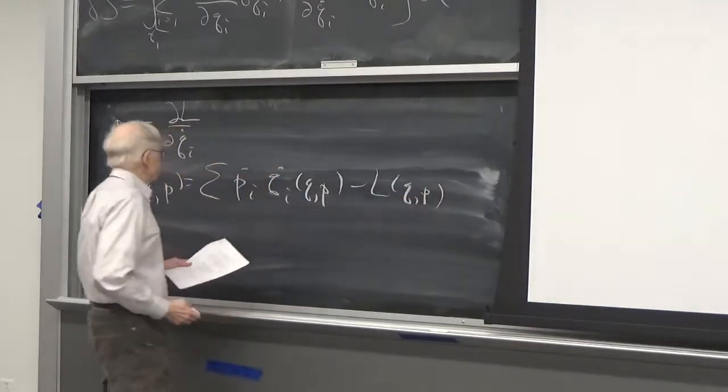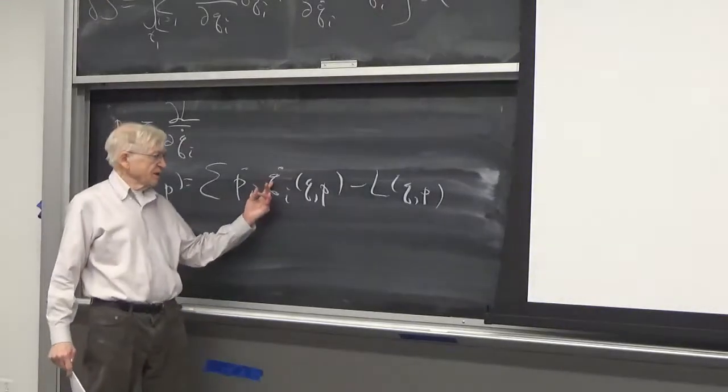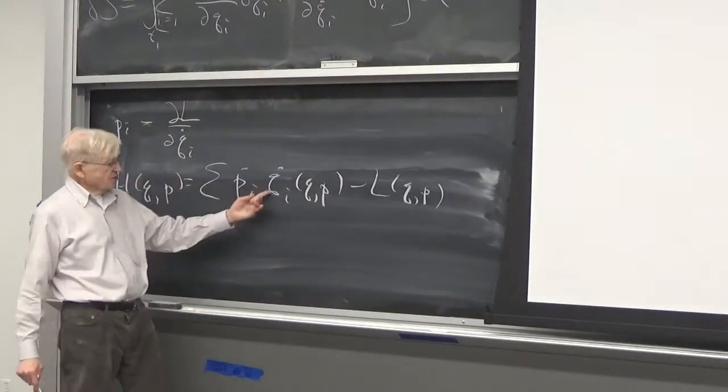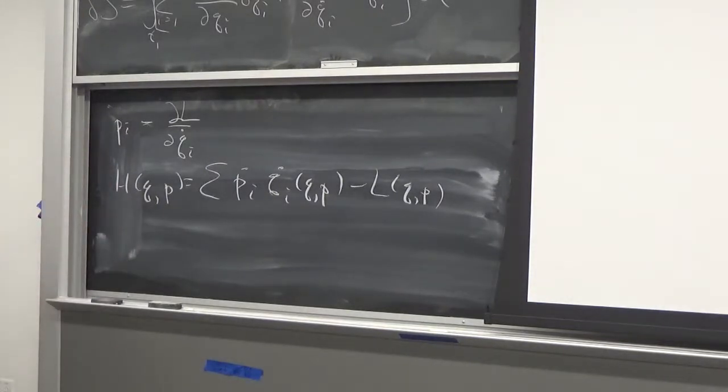So here we're imagining we can solve for the qi dots in terms of the p's and q's, and then we get a Hamiltonian that's just in terms of the p's and q's.